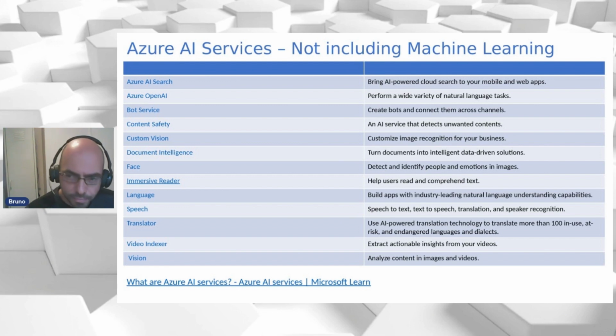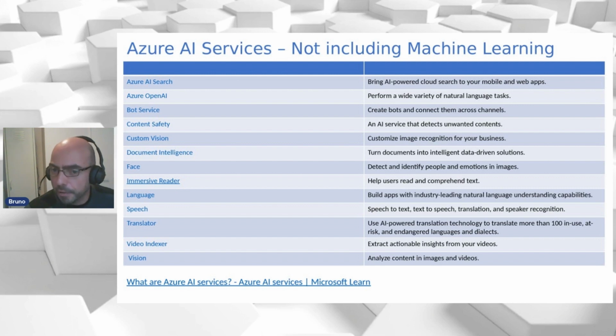When you talk about what you can do with Azure AI, there's a lot more. There is the OpenAI part that's been covered in the previous presentations. The bot service is arguably far more complicated than what Power Platform offers.